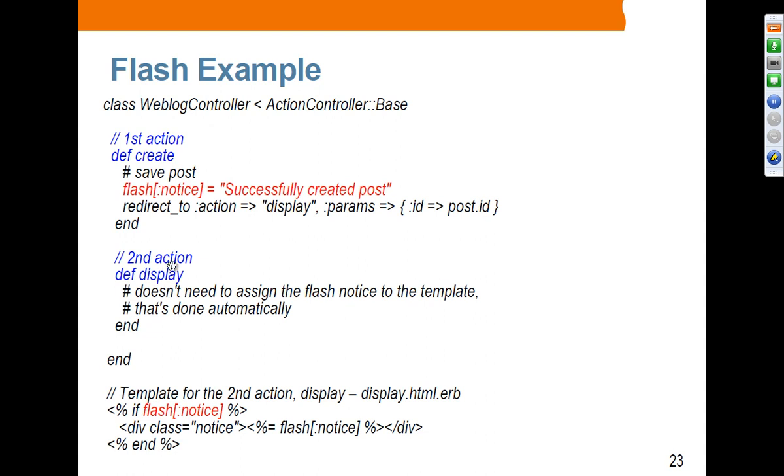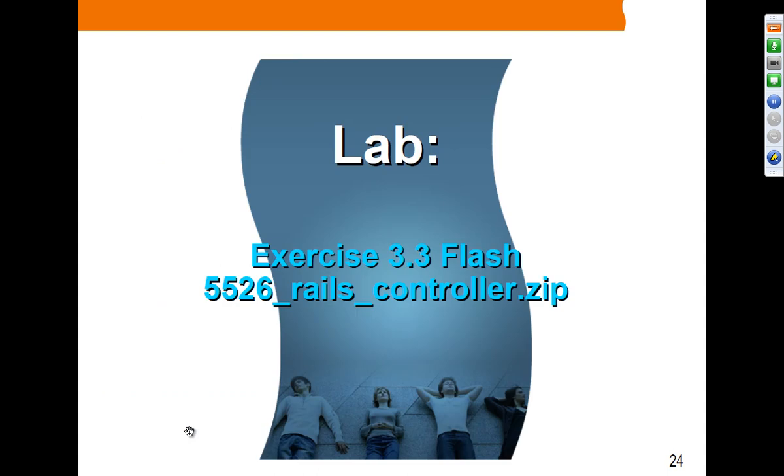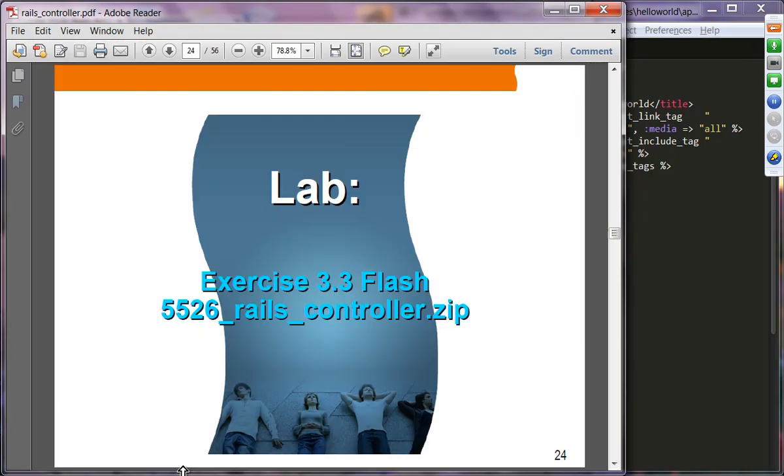Because it's display, it uses the display.html.erb view file. In that ERB file, you can use if flash notice and then display the value. If you refresh this page one more time, it will be gone, because that is considered the third request and response cycle. Okay, so let's do exercises 3.1 and 3.3. Let me explain exercise 3.3.